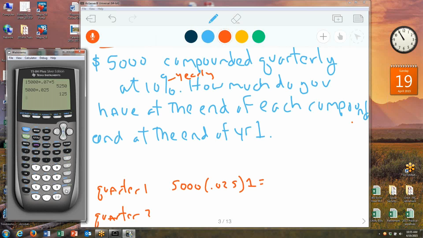So the amount of interest I'm going to get is $125. So if I combine the $125 in interest plus the $5,000 that I started with, I actually have $5,125 at the end of quarter one. So we'll put the end of the quarter there. Okay.